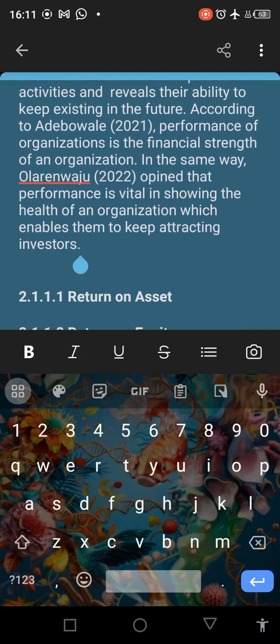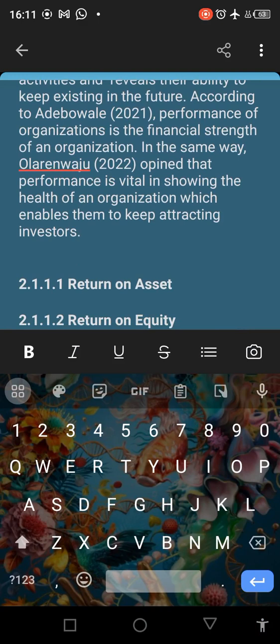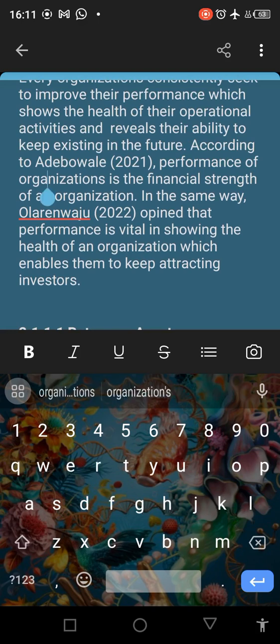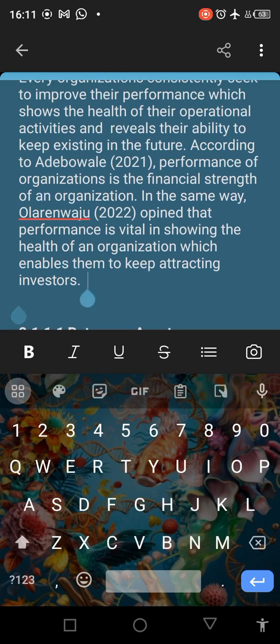Now, after doing this, I will go ahead and look at what I understand that this A is saying, that this B is saying. Do you understand? Once I understand what A is saying and B is saying, I will now bring them together. For instance, I understand Adebowale 2021 reveals to me that performance of an organization is the financial strength of the organization.